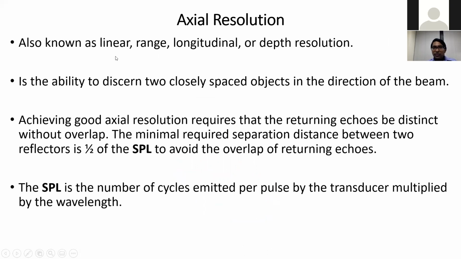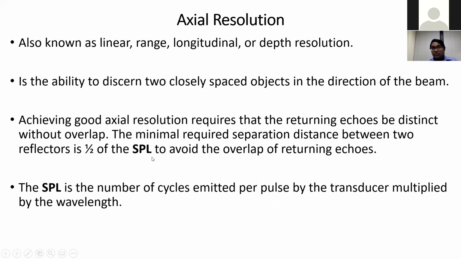So axial resolution is also known as linear range, longitudinal, or depth resolution. Axial resolution is the ability to discern two closely spaced objects in the direction of the beam. Achieving a good spatial resolution requires that the reflectors are at least half a spatial pulse length apart to avoid the overlap of returning echoes.